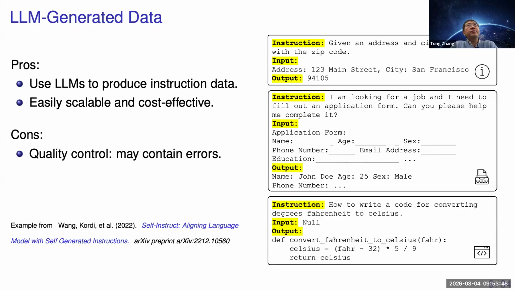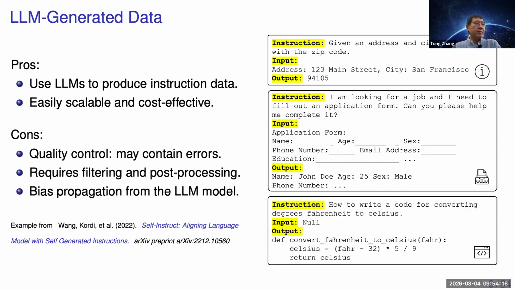Although humans have these issues too, hopefully it's better for simple tasks. But therefore you need more quality control, especially for these simple problems. You need to require some filtering and post-processing. This is what was talked about in the Self-Instruct paper. We'll go through a little bit more detail.